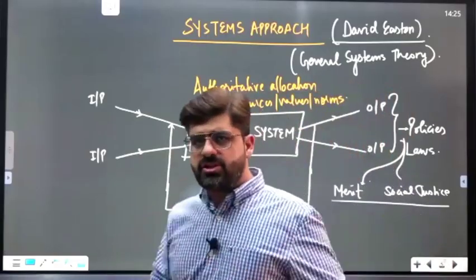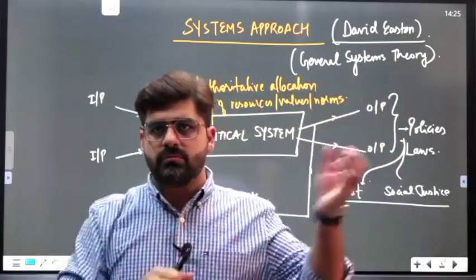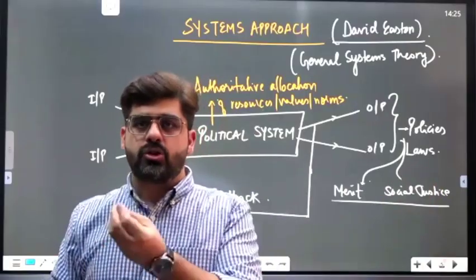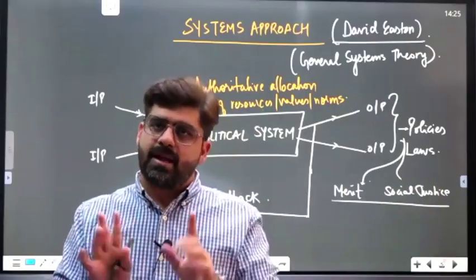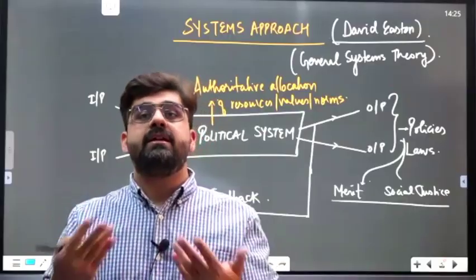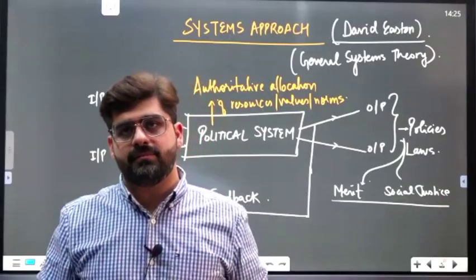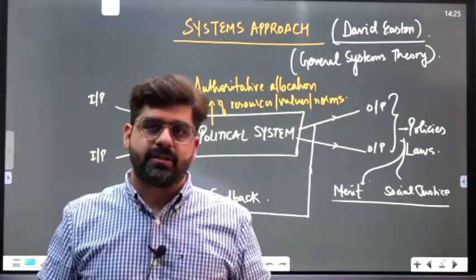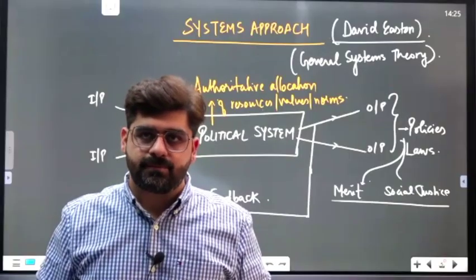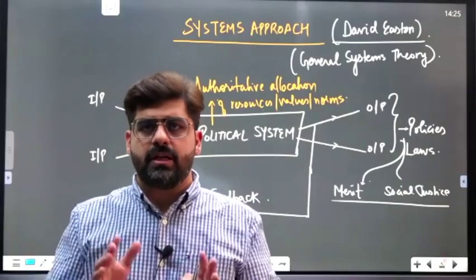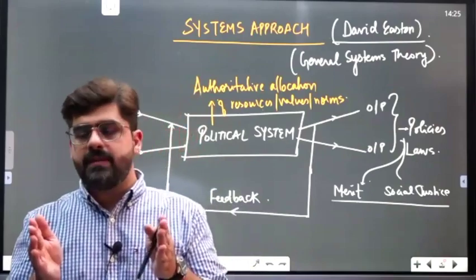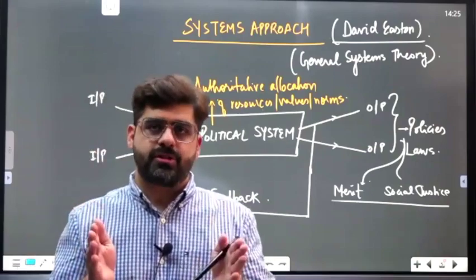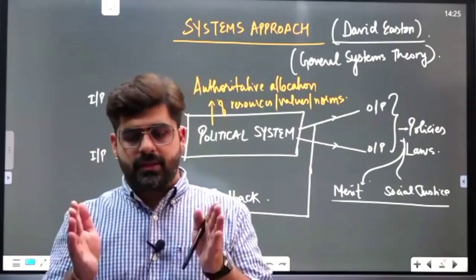Is this something like a machine? Input, output, and feedback is to ensure that the system machine keeps on functioning well. This is the scientific way of understanding comparative politics done by David Easton. We'll discuss more about this, but the crux of the matter is that my political system is a machine which has inputs and outputs.